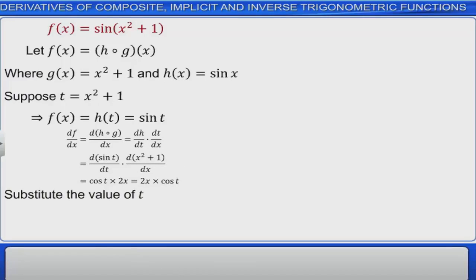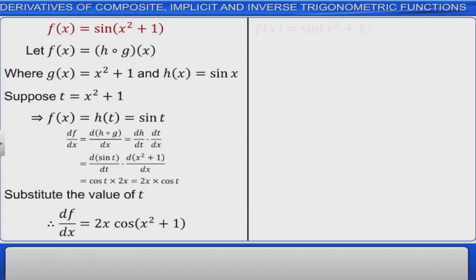Alternatively, its derivative can also be obtained by finding it directly. That is, on differentiating both the sides with respect to x, we get df by dx is equal to d by dx of sine of x squared plus 1.